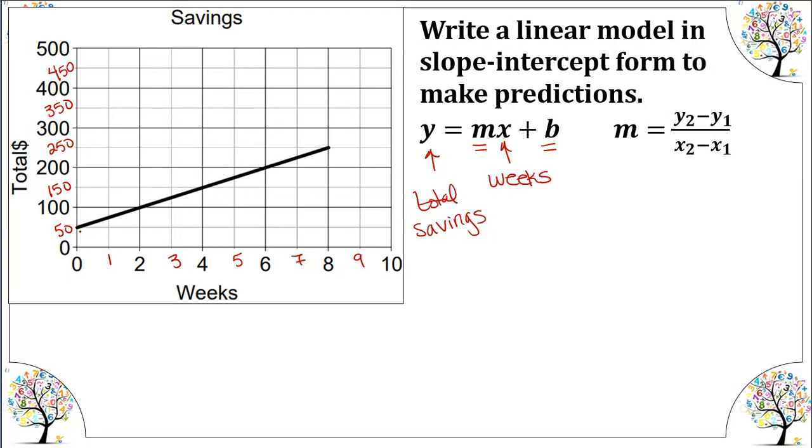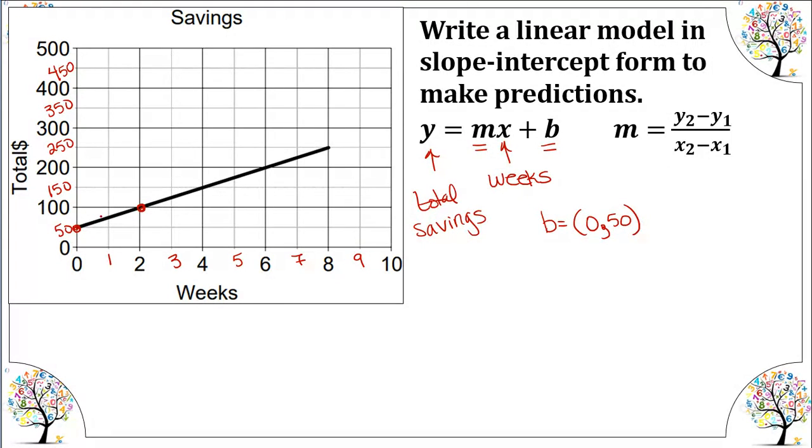So we can see that this individual started with $50. So our b value is 50, or writing it as an ordered pair, (0, 50). Then we can see from this point to this point, we can see a nice rate of change.